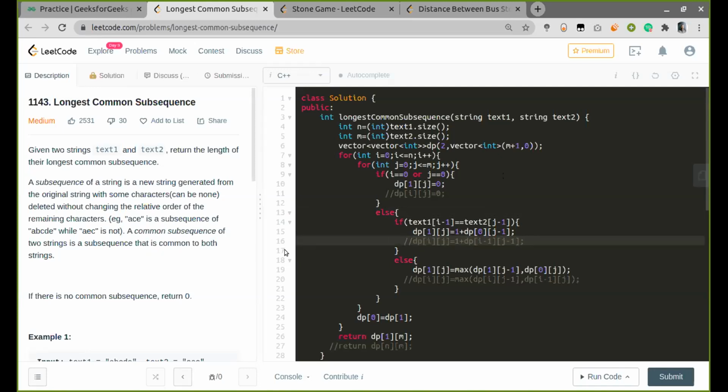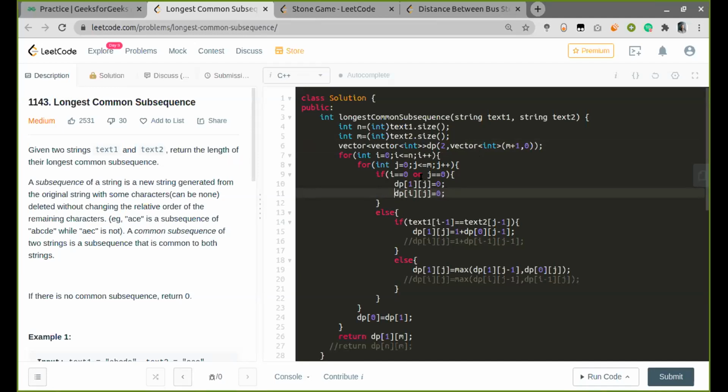From these two lines, 16 and 20, we see that we just need the previous index value for both of the strings. So for this we just need two vectors to store the previous values. This is why I have declared a 2 cross m vector here and not n cross m.